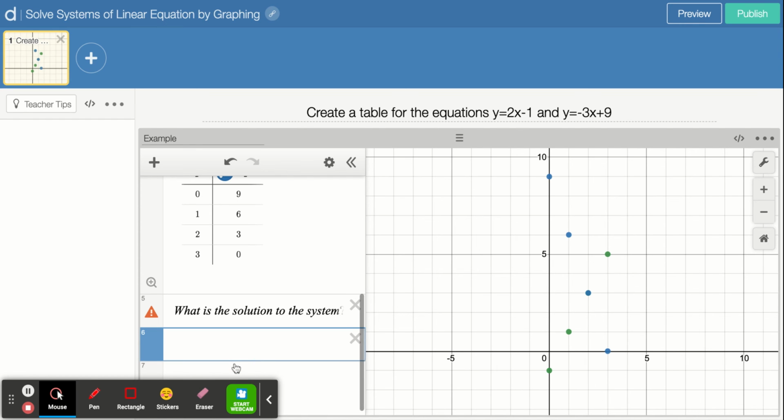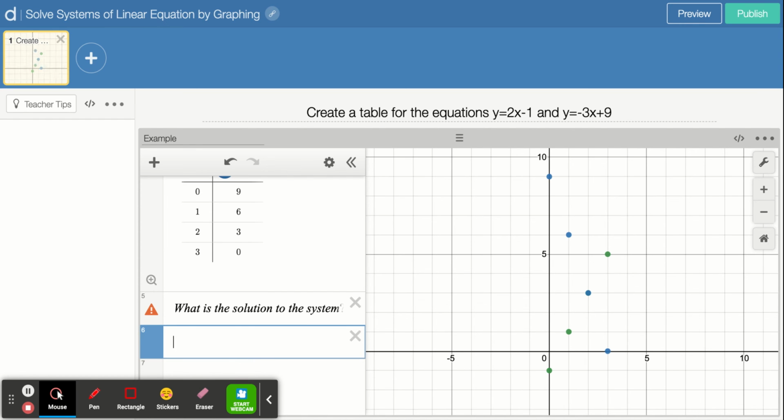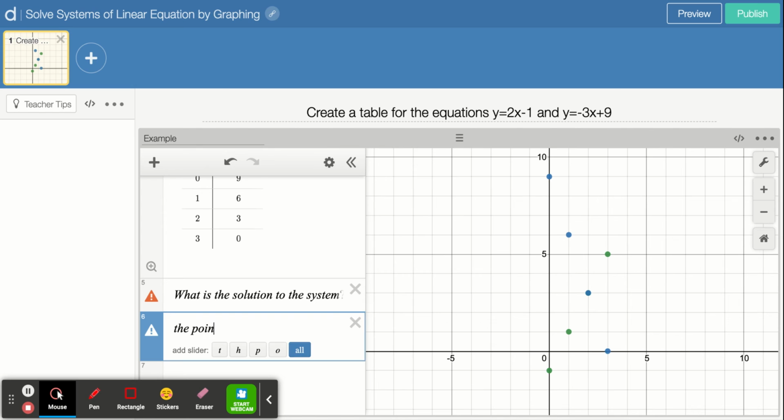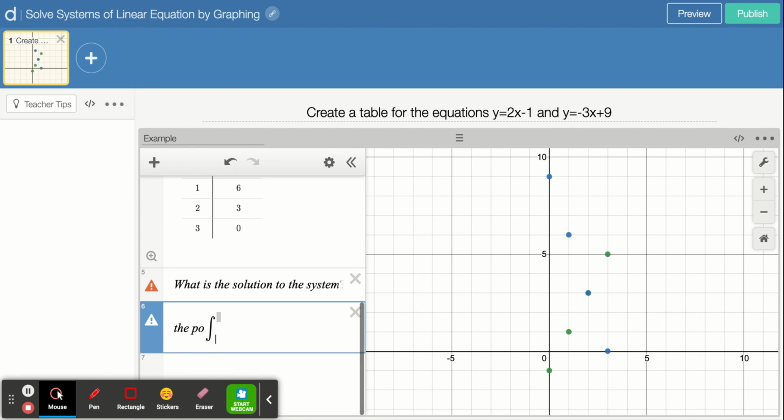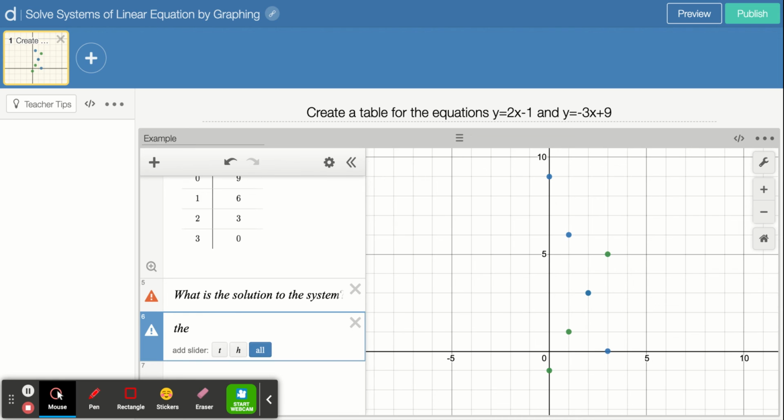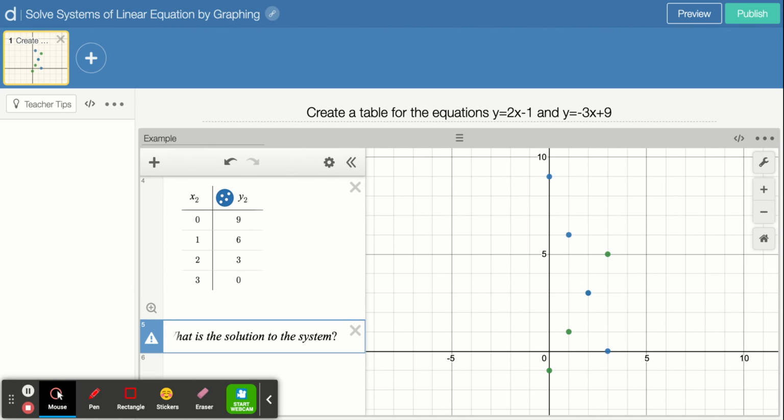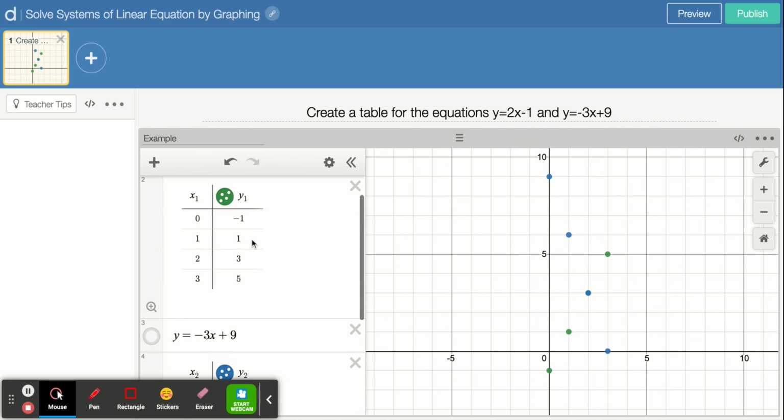My response should be that the solution is the point 2, 3. Again, at the point 2, 3, that's where both of these tables intersect.